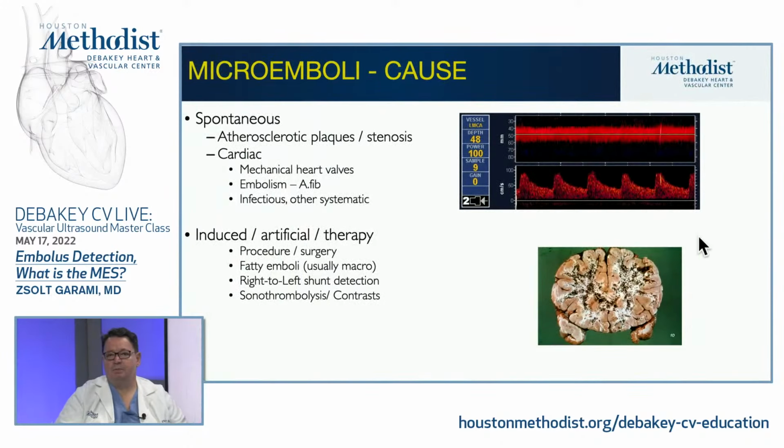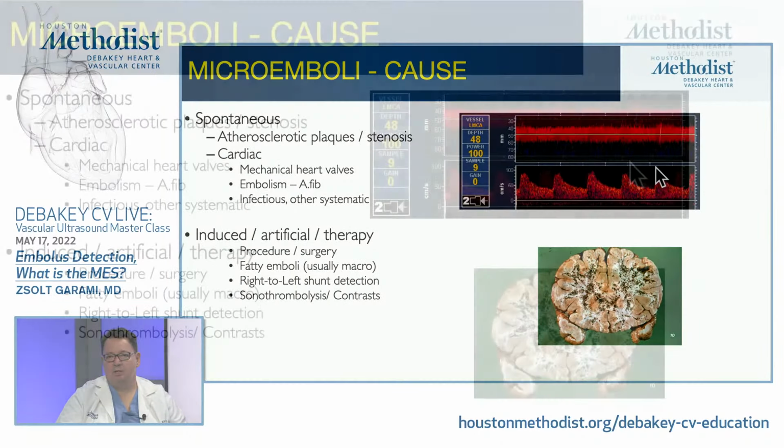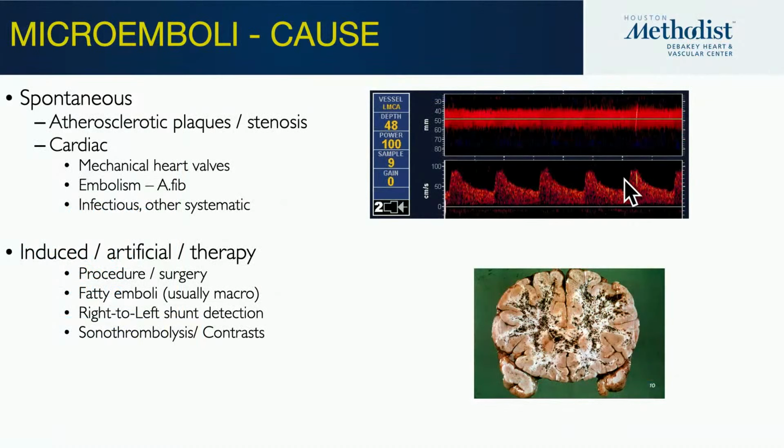The spontaneous appearance is very important. Here you see one simple, single microembolus signal, which is on the tip of the waveform. That tells you that it's traveling fast. Barely, you can see it on M mode, but what you see is that the aortic valve is closing here.